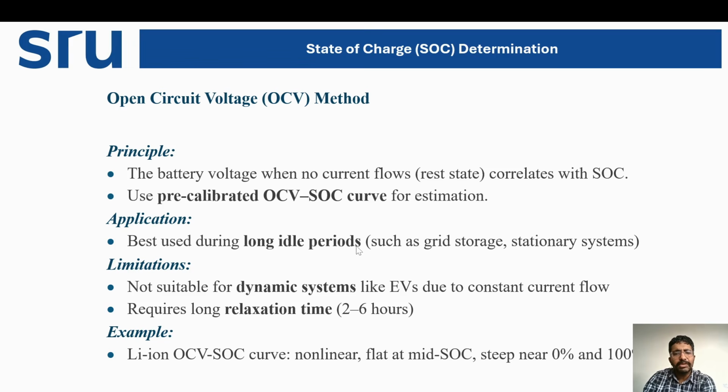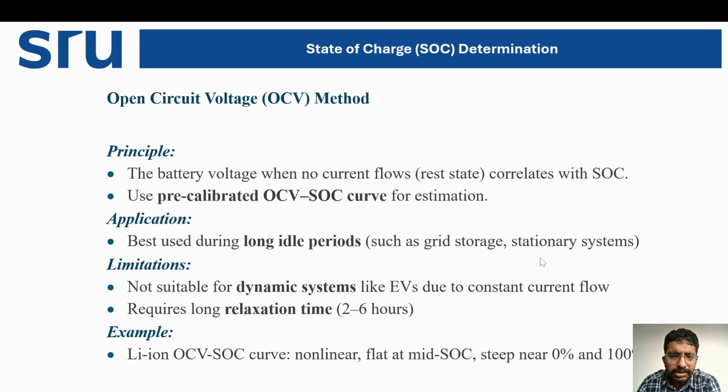There it is easier to estimate the state of charge. It is not suitable for dynamic systems like electric vehicles that are continuously moving, where discharging happens, then regenerative braking charges it to a certain extent, then it discharges again. For that type of dynamic system, this method is not worth using.